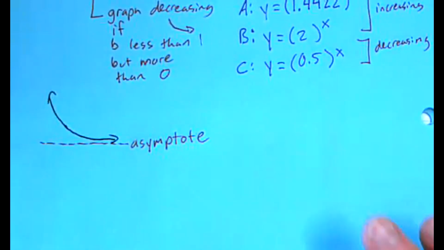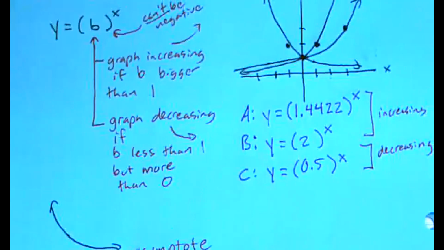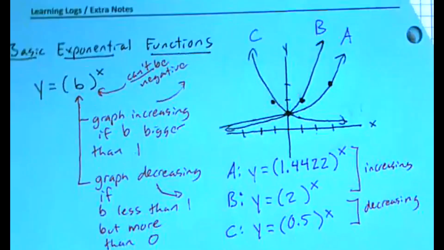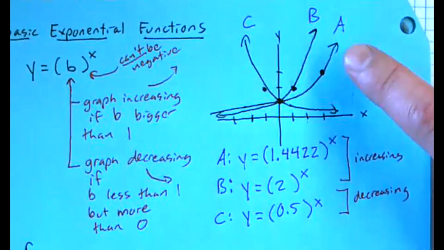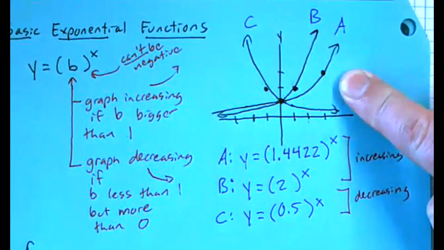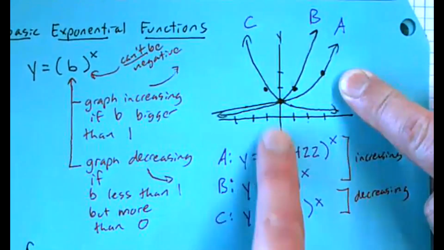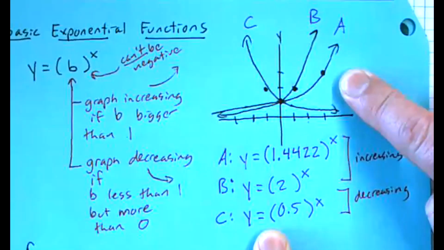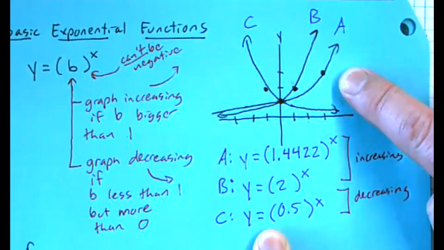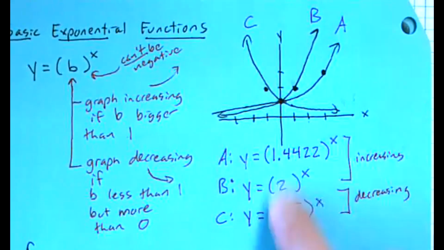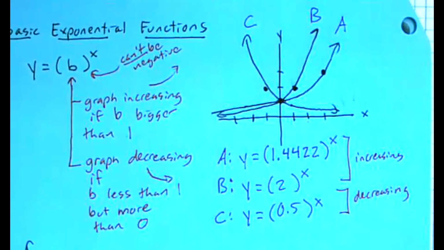Okay, so reviewing what we know. I showed you guys what our little quiz was going to look like. If I gave you these 3 graphs and I gave you these 3 equations, do you think you'd be able to match up the graphs with the equations right now? Yeah. What are you going to look for to tell you which of these numbers goes with each of these graphs? Can somebody tell me what you're going to look for?